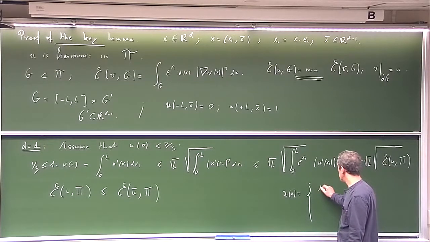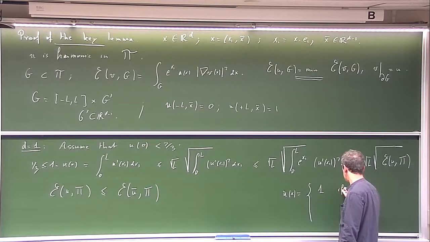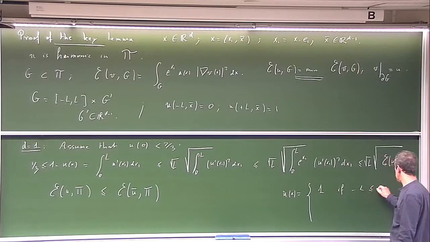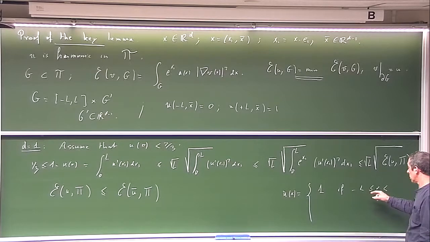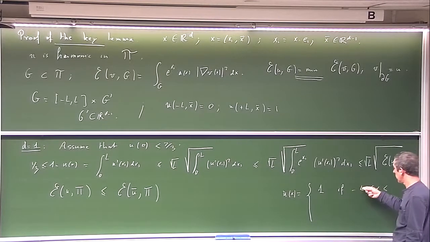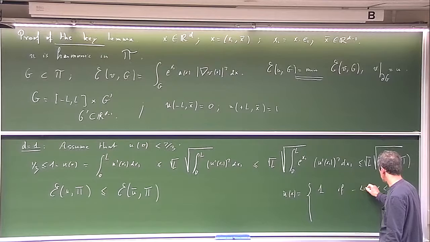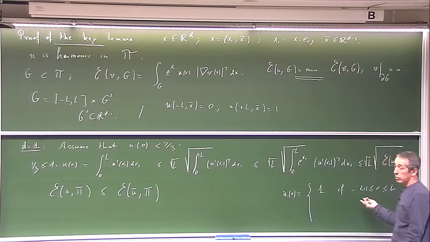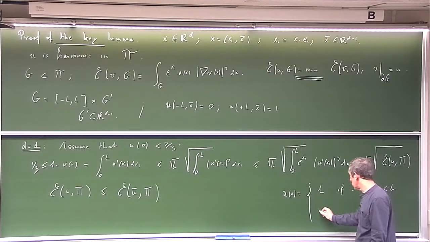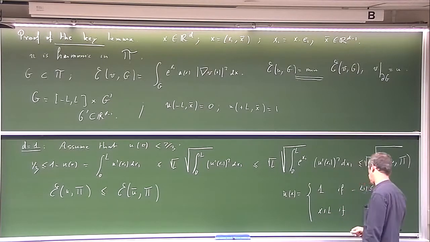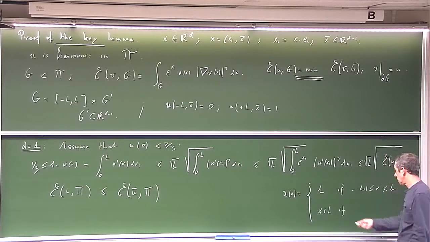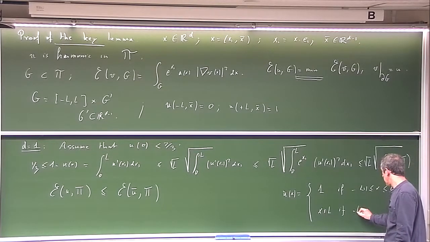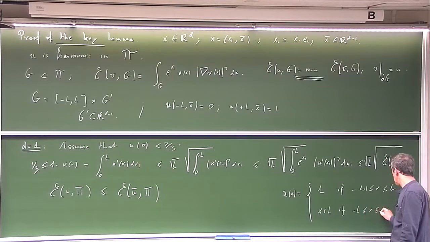So we choose it to be 1 if X is far away from minus L, so from minus L plus 1 to L. And in between, we have to go from 0 to 1. So we can just choose something like X plus L, from minus L to minus L plus 1.